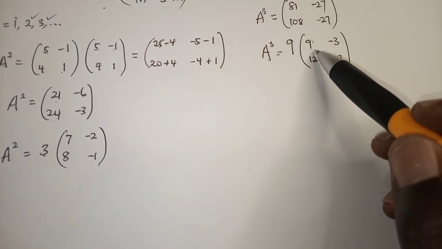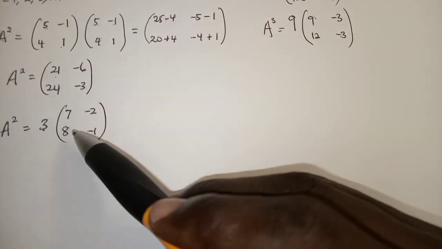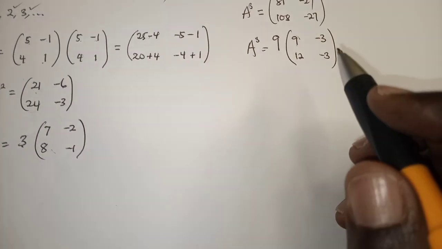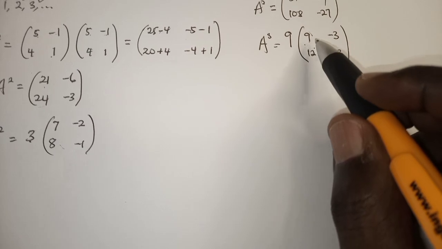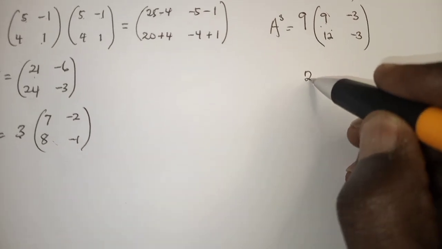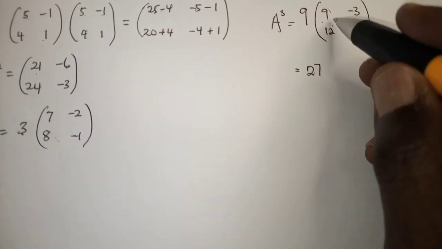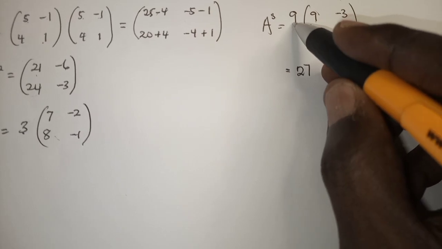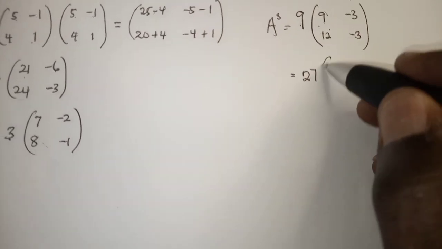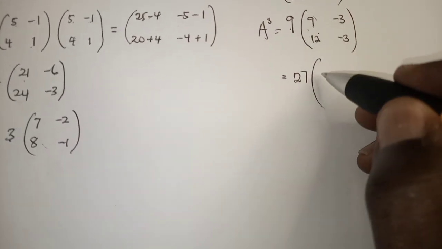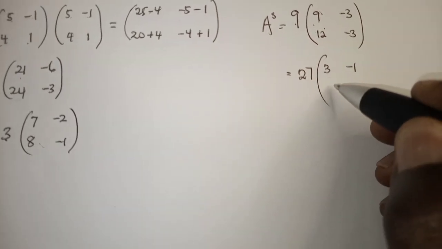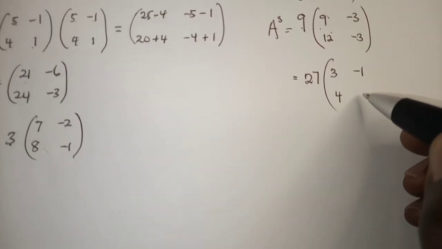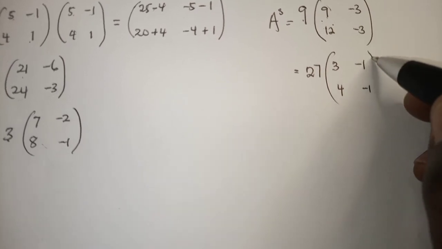To make a sound connection, we further simplify this. We factorize again, so we have 27. When you factor out, it will be 3, common factor 3. So you have 3 out of this, 3 here, negative 1, 4 here, and negative 1. So you have this.